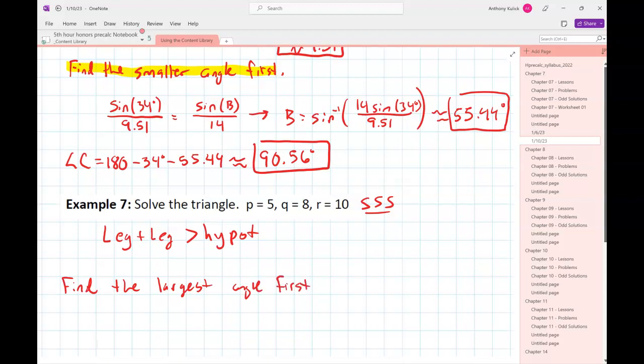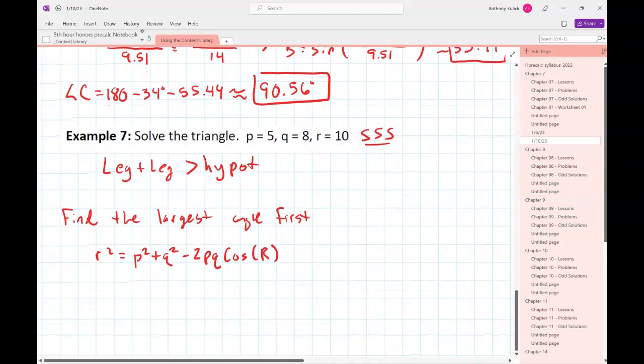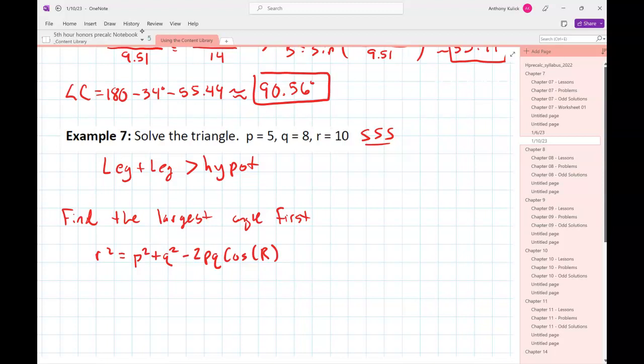What is the largest angle in this problem? Angle R. So we'd write that like R squared is equal to P squared plus Q squared minus 2PQ cosine R. And I'm not going to fill the values in here right away because what I'm going to do is solve this symbolically for angle R and then use this to generalize the law of cosines where I've already solved for the angle.